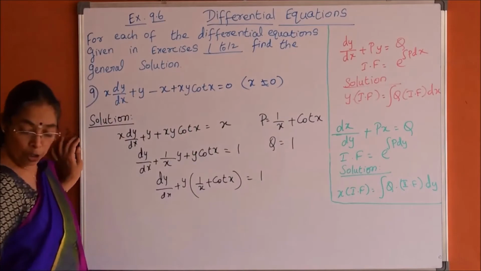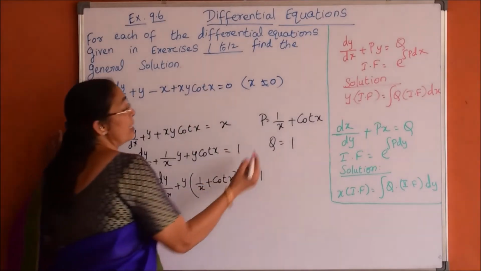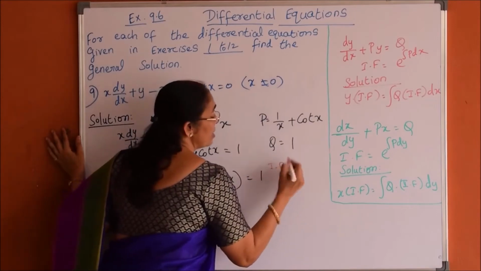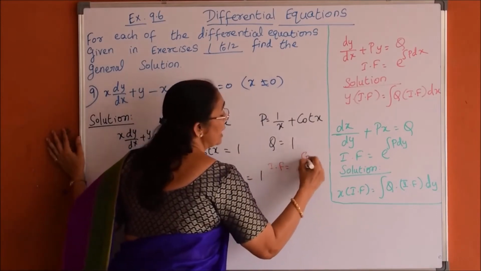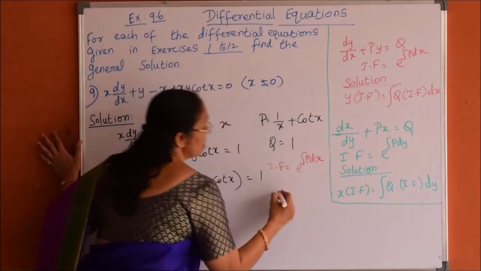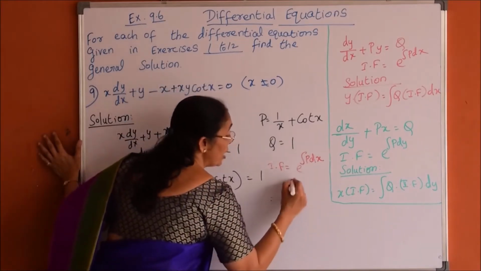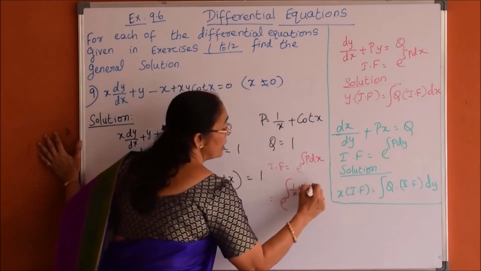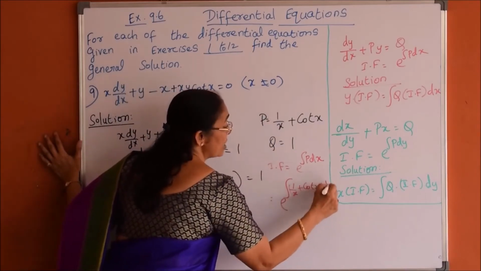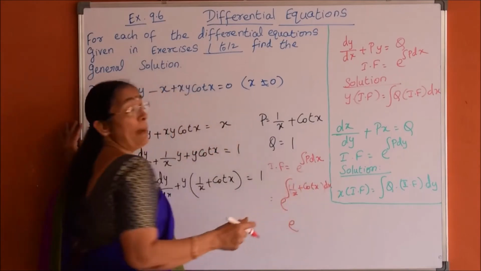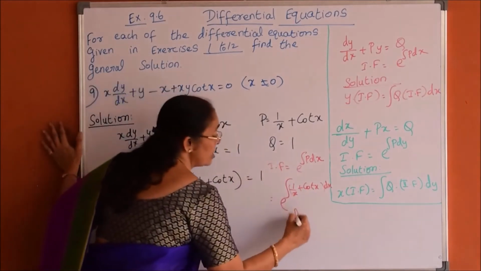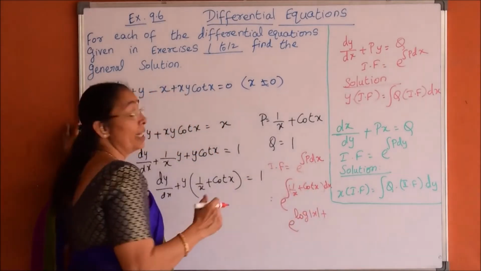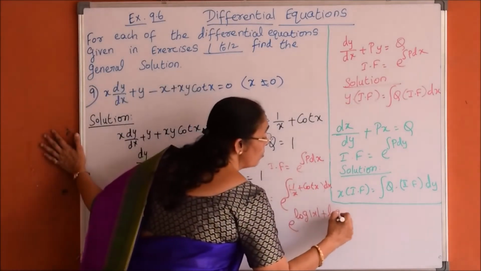Now to find the integrating factor, we need e to the power of integration of p dx. So the integrating factor is equal to e power integration of p dx, which is equal to e to the power of integration of the p function 1 by x plus cot x into dx. That is e to the power of the integration of 1 by x dx, which is log mod x, plus the integration of cot x dx, which is log mod sin x.